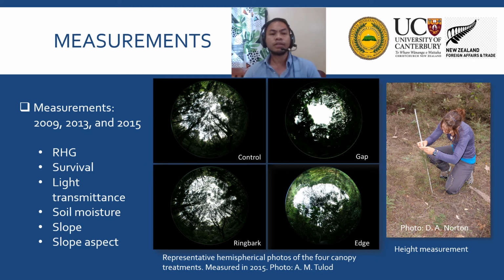The measurements were conducted in 2009 or at planting, and then followed in 2013 and 2015. I was responsible for the measurements in 2015, and the variables included were relative height growth, the survival of seedlings, the understory light transmittance, and the soil moisture, slope, and the slope aspect.